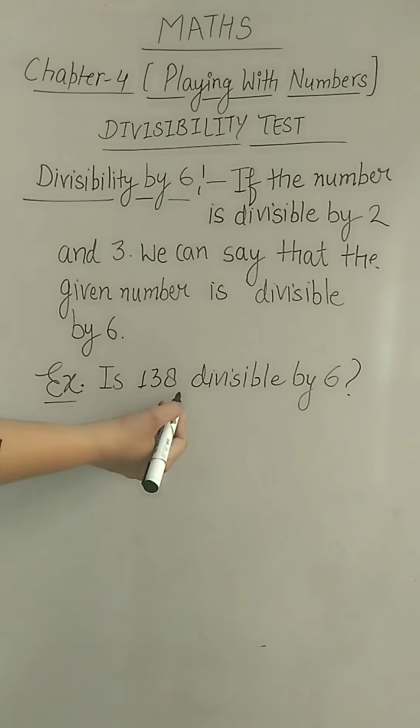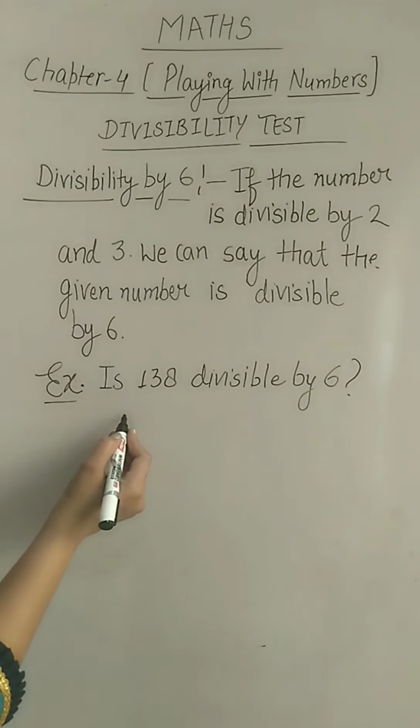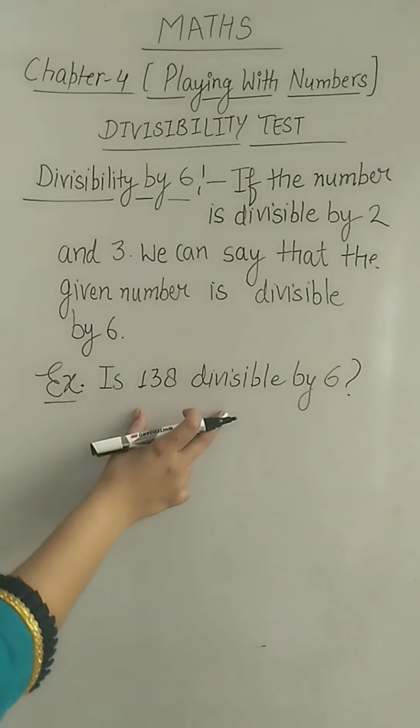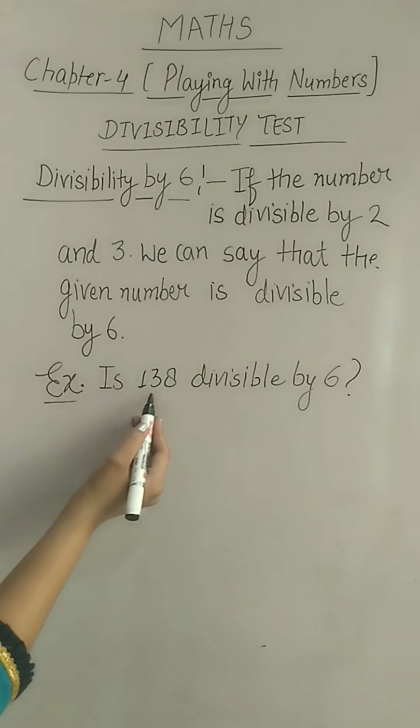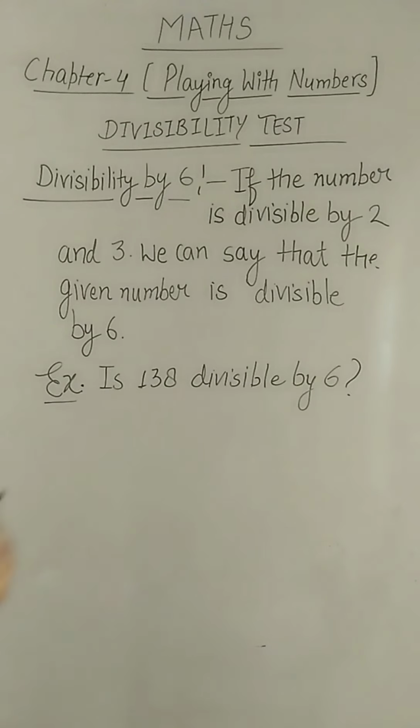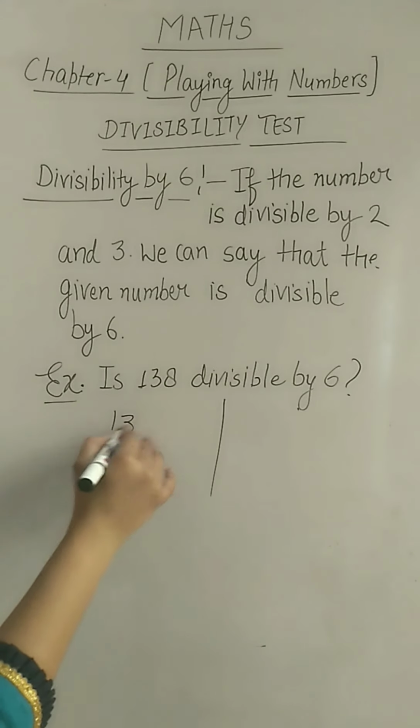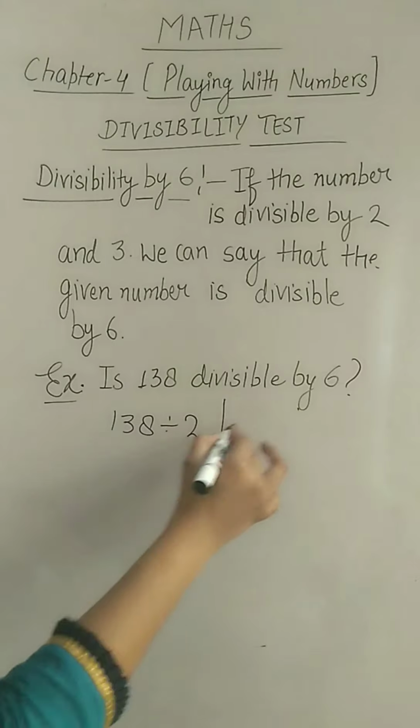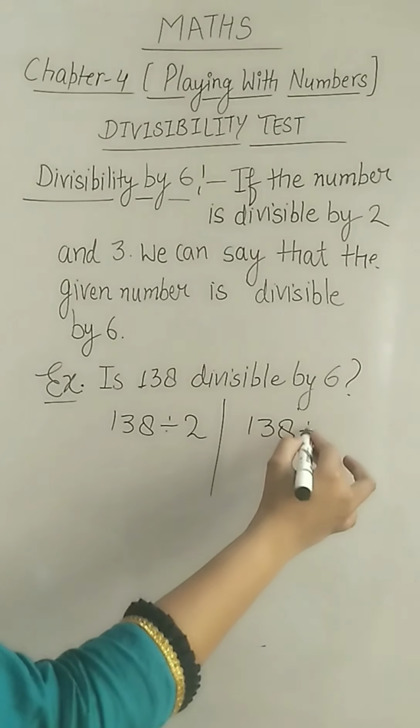Is 138 divisible by 6? According to this rule, you have to check whether it is divisible by 2 and 3 as well. We will check that 138 is divisible by 2 and 138 is divisible by 3.